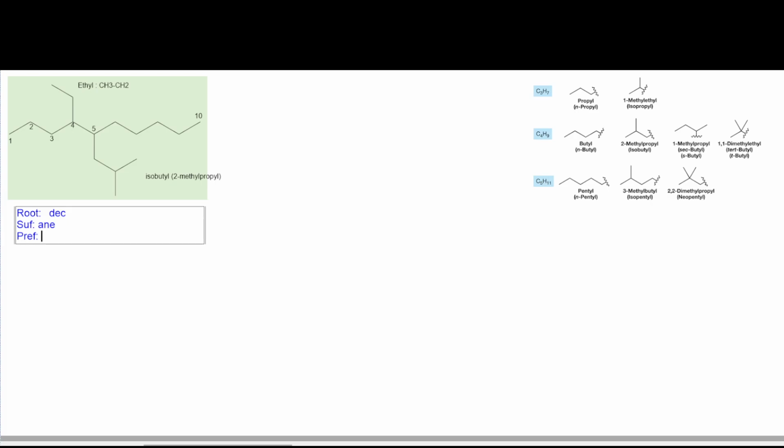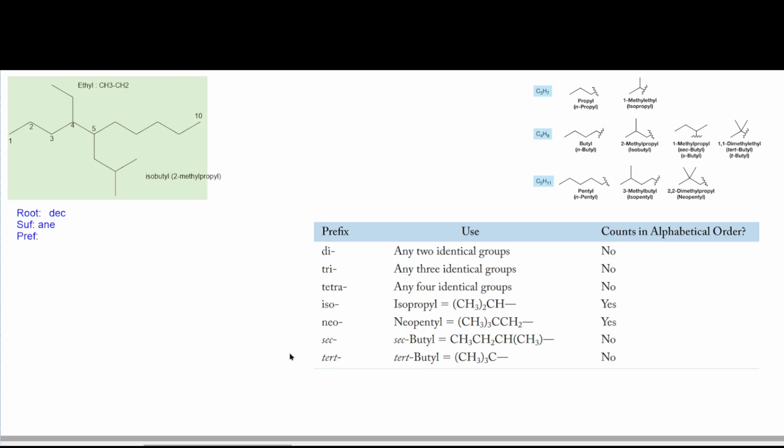So this is a typical table which you can use and refer to for alphabetical ordering.